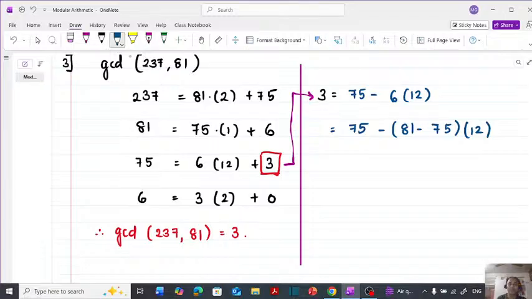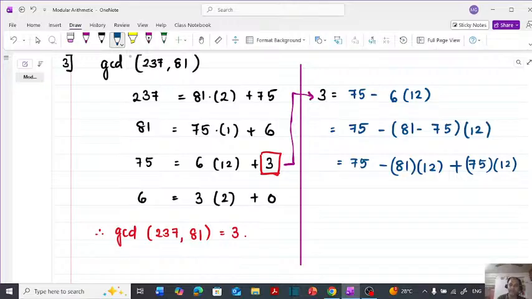right? So now I'll do a bit of simplification here. So 75 minus 81 into 12 and plus 75 into 12.